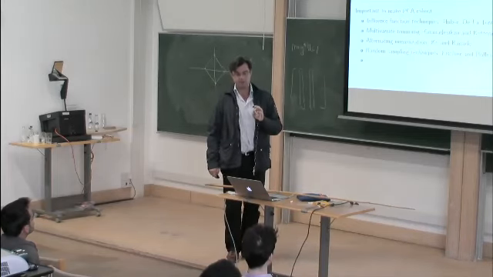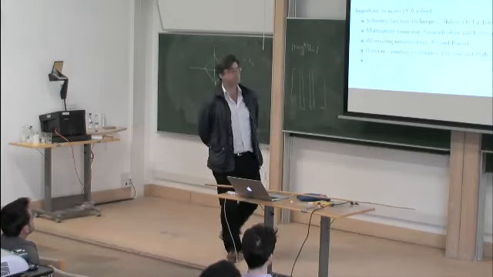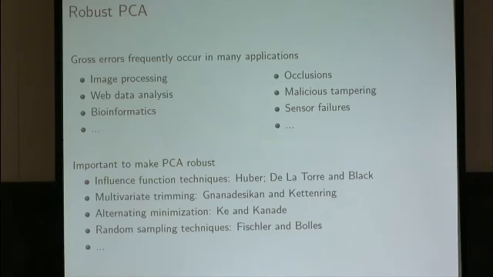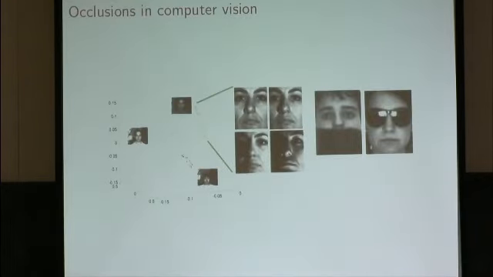And that is a bit of a problem because as we're dealing with larger and larger data sets, gross errors frequently occur in many applications. In image processing, people want to essentially reduce dimensions to perform tasks such as subject classification and things like this.